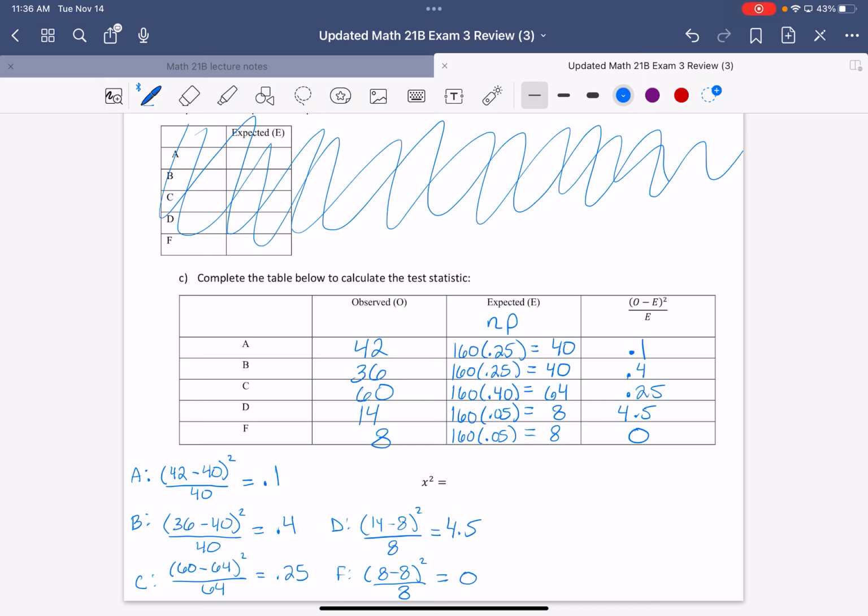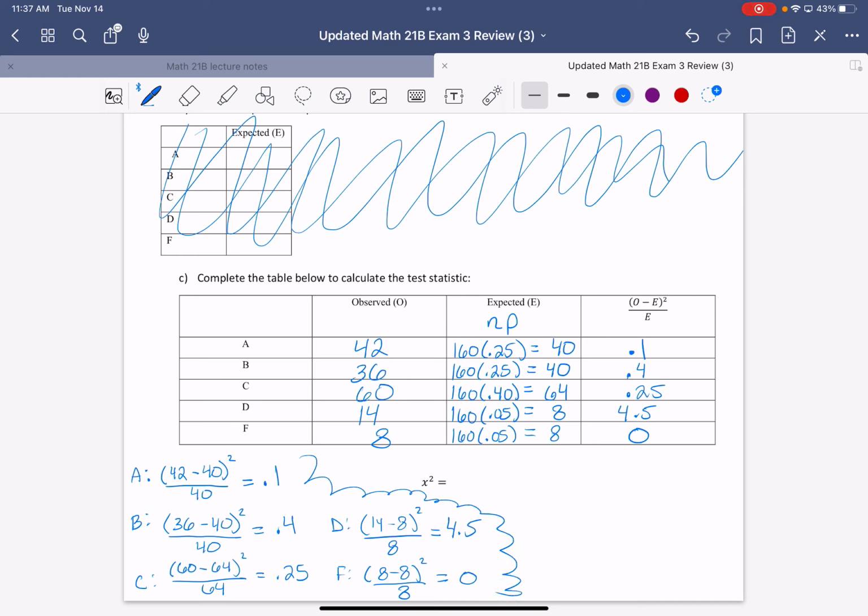Let's do the bottom one. The observed is 8, minus the expected 8, all over 8. You were entering in the sample size. Okay, thank you. No wonder I was getting whole numbers out. So that was just some side scratch work.